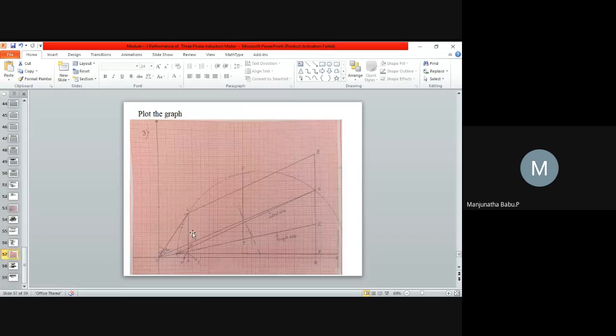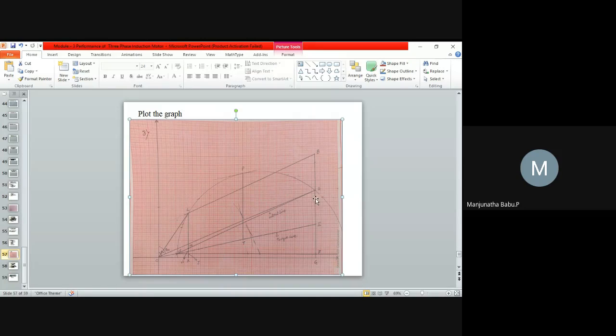So extend that line from origin O till the 20 centimeters comes. Mark that point as A. Now join the line OA. After joining OA, draw the output line by joining O dash A. Once you draw the output line, from A draw a perpendicular line to the x-axis.